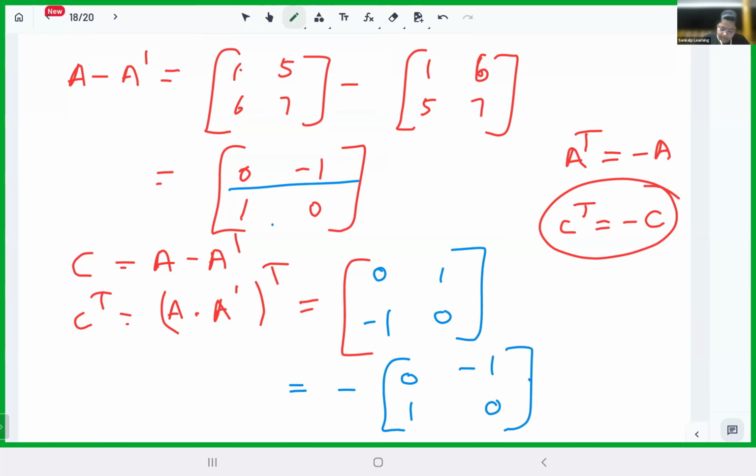And what is the matrix, this one? It is nothing but C, right? So this is equal to minus C. So we have got C transpose is equal to minus C, which implies C is a skew symmetric matrix. And what is C? C was A minus A transpose. So A minus A transpose is a skew symmetric matrix.